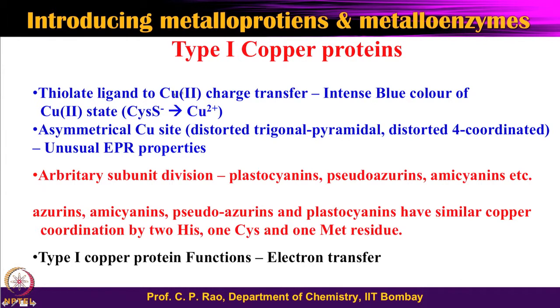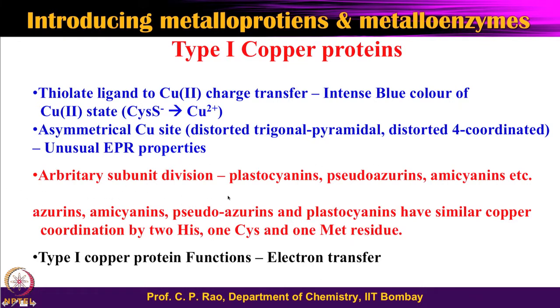In these proteins the copper site is distorted, either distorted tetrahedral, distorted 4 coordinate, or distorted 5 coordinate trigonal bipyramidal, and they show unusual EPR properties.